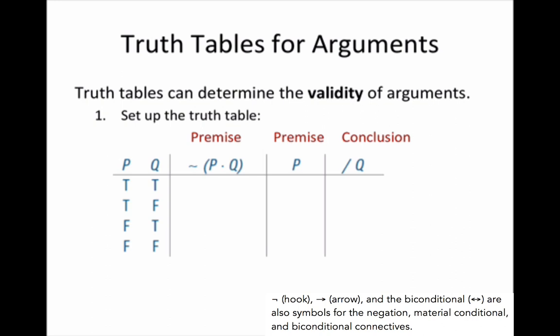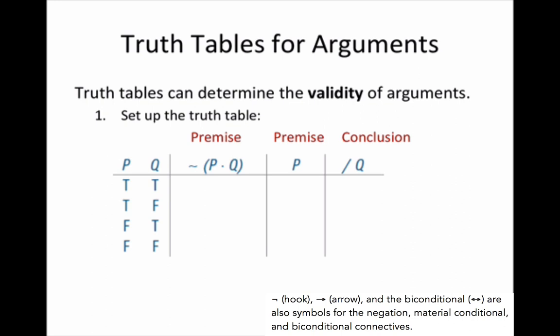Okay, so here is our argument. We have the premise, not both P and Q, the premise P, and the conclusion Q. And typically in a truth table, things are set up in this way. In other words, you get the premise or premises to the left of a slash or a double slash, and then the conclusion.